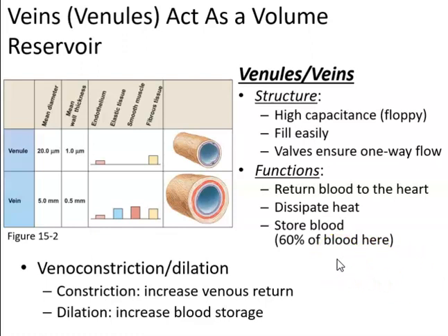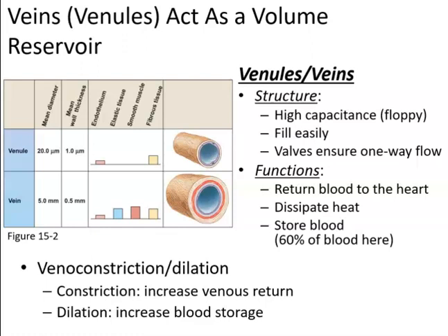So with regards to functional characteristics, we know that veins can undergo either a venoconstriction or venodilation. Constriction decreases the diameter of the vein and decreases blood storage, and when we do this, we increase the venous return to the heart.